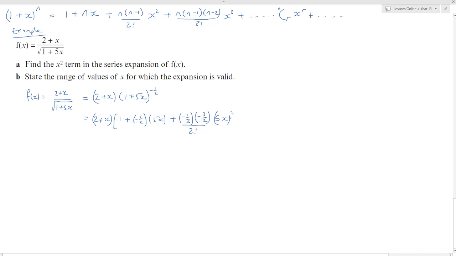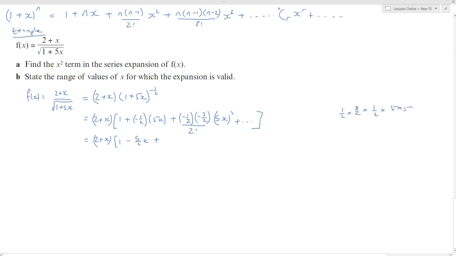Now they want me to find the x squared term, so I don't need to go any further. So I can close my square brackets there. So that gives me 2 plus x times 1 minus 5 over 2 x. I've got 2 negatives, so it's going to be positive, plus, now to work that out, I've got 1 over 2 times 3 over 2 times the reciprocal of 2, and I've got 2 5s here.